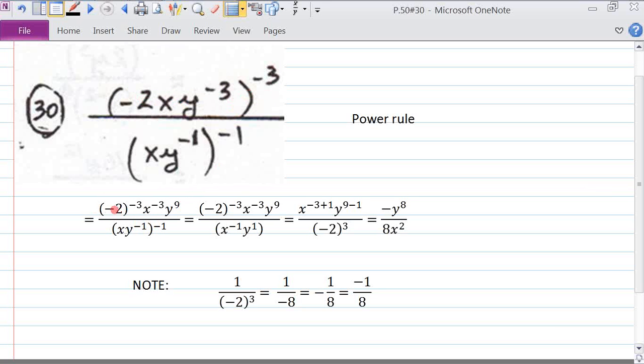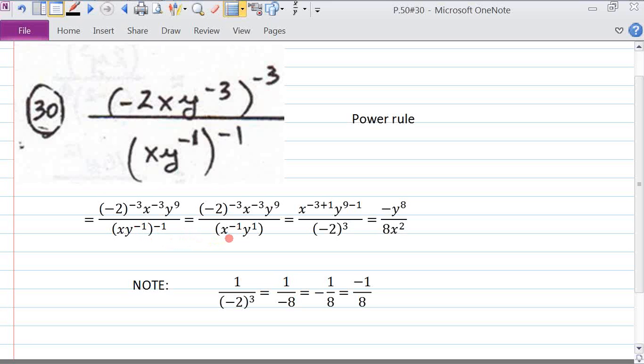So I get minus 2 to the minus 3 because there's a 1 here, and 1 times minus 3 gives me minus 3. The x has a 1, so that becomes minus 3, and the minus 3 times the minus 3 gives me plus 9. On the bottom, applying the power rule to the denominator now, minus 1 times 1 gives me x to the minus 1.